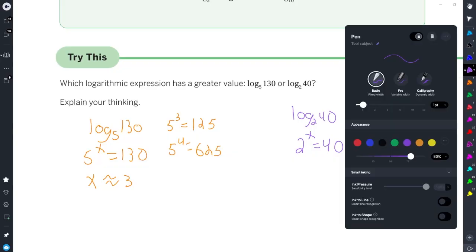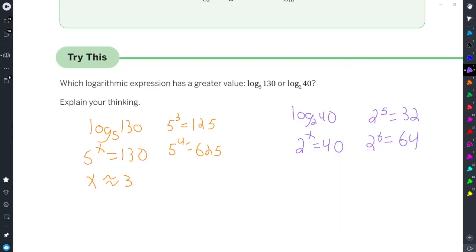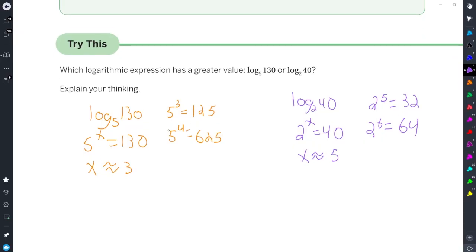So that means the exponent is some number between 5 and 6. Because 2 to the 5th power is 32, if we think about it, 2 to what power would equal 40? That's got to be bigger than 5. So that means log base 2 of 40 is bigger. And again, you can verify using the calculator.